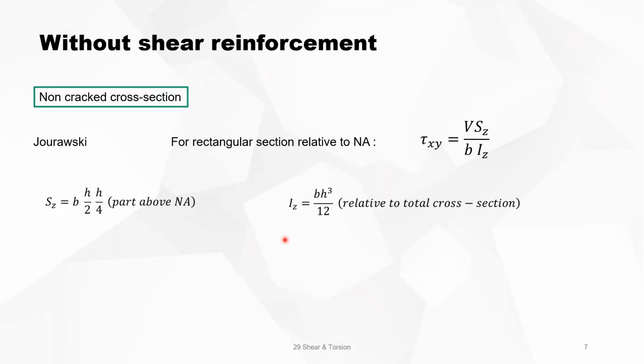And the moment of inertia is then, of course, b h to the power three divided by 12. If you now use this formula, then you see that the shear stress equals V times this divided by the width, and we have 1.5 V divided by b h.